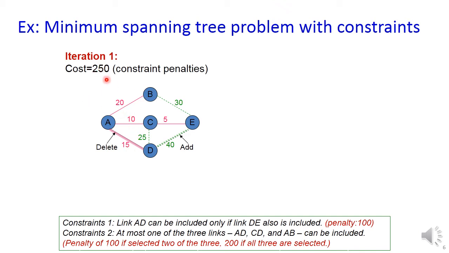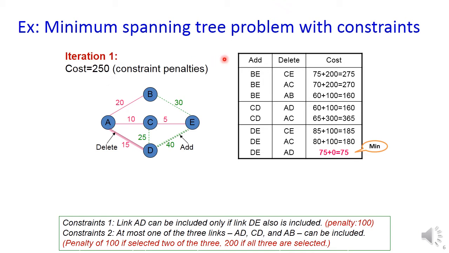Now, let us go for addition and deletion, all the possibilities. Let us take the edge BE. If you add BE to the existing spanning tree, there forms a cycle. To remove this cycle, we can delete three edges: AB, AC or CE.